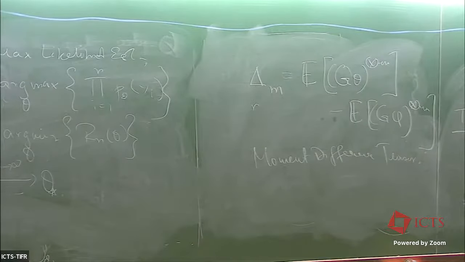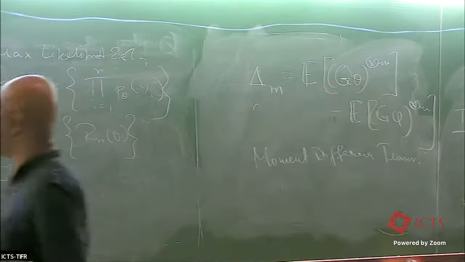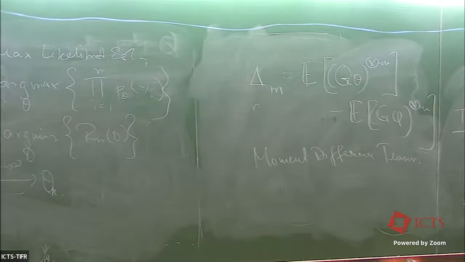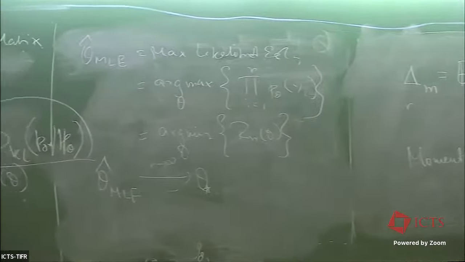Basically, you are interested in how the Hessian of the Kullback-Leibler divergence between E theta star and E theta behaves at theta equal to theta star.